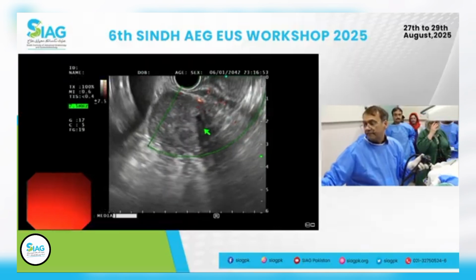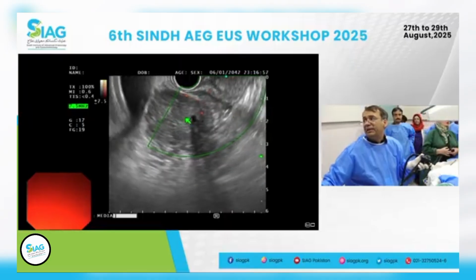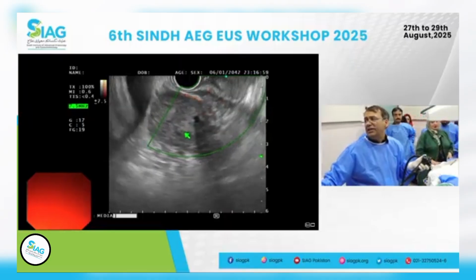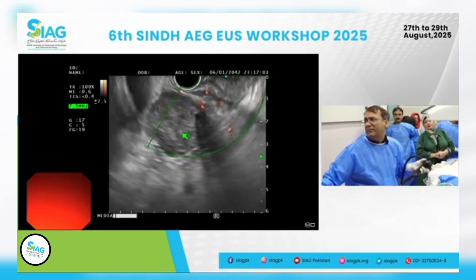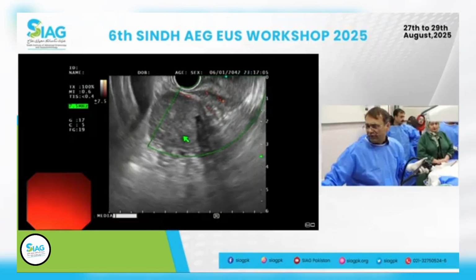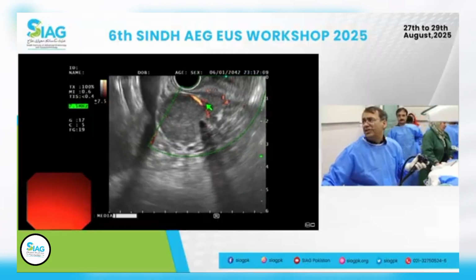So here, the white areas, sometimes there could be blood in there, and there are also white and certain black areas. There is necrosis of that tissue. There is vasculature around it.